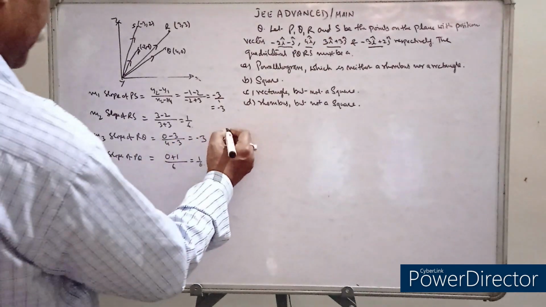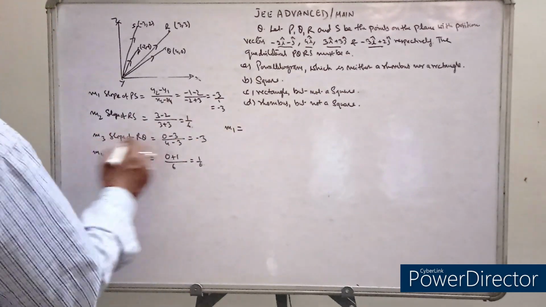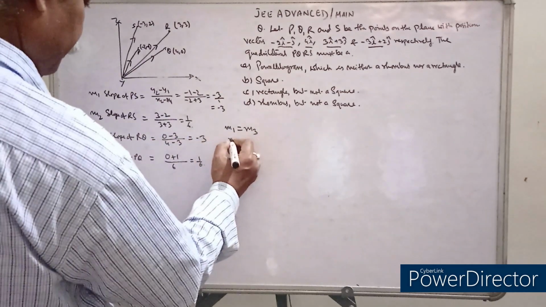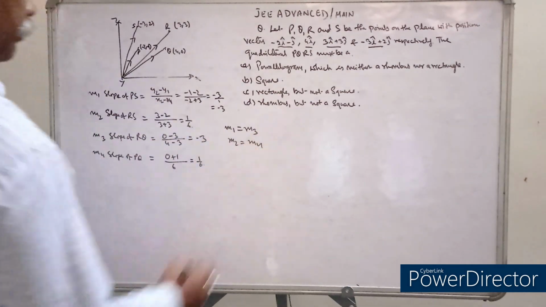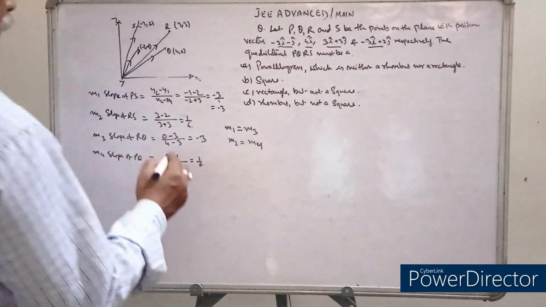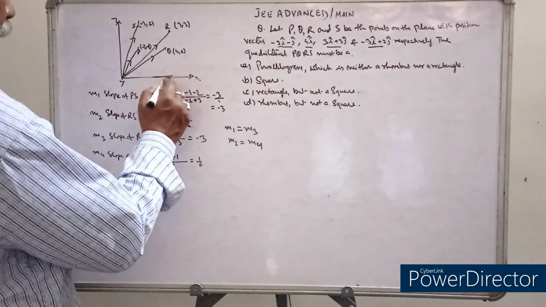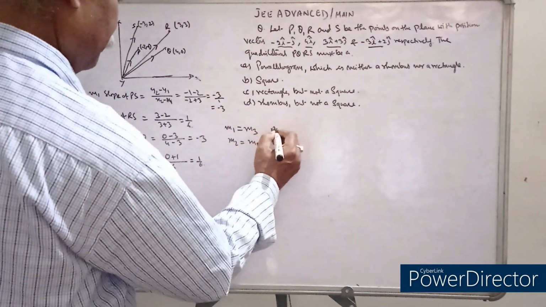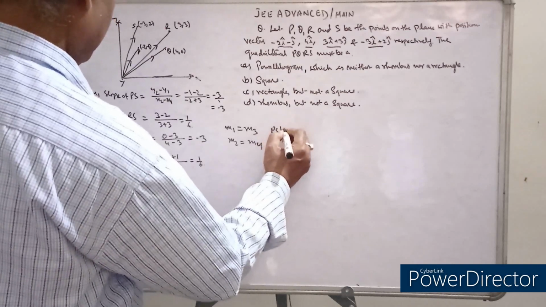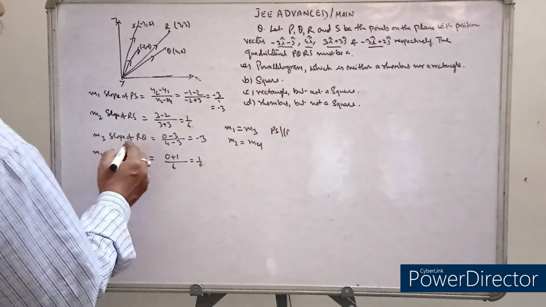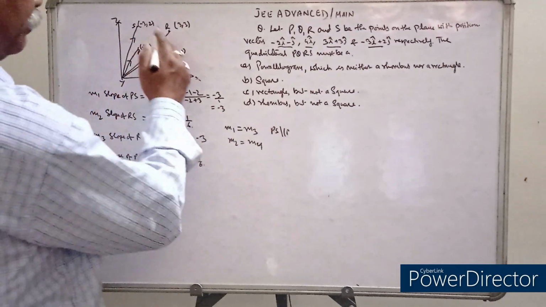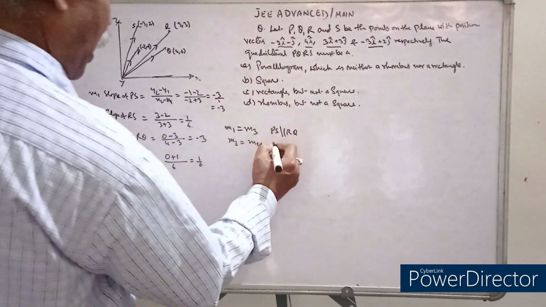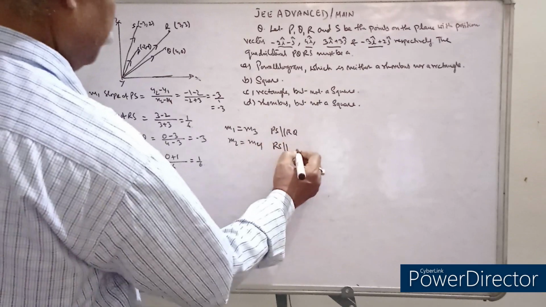Here we find that m1 is equal to m3 and m2 is equal to m4. This means PS is parallel to RQ, and RS is parallel to PQ.